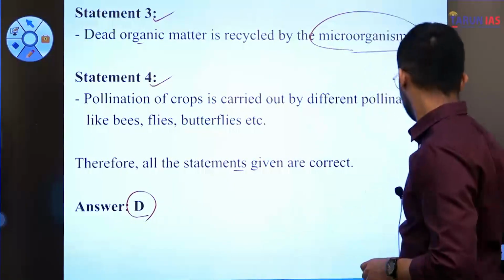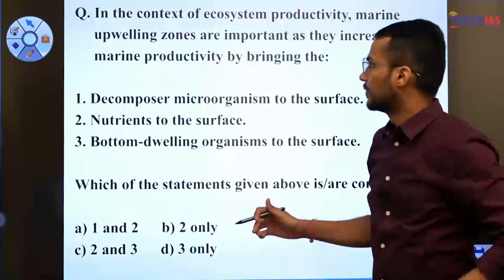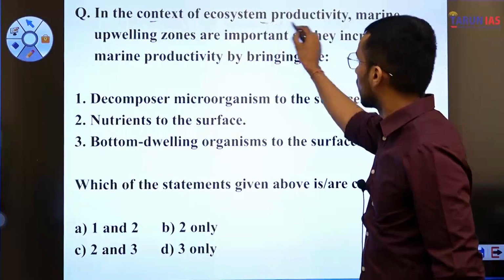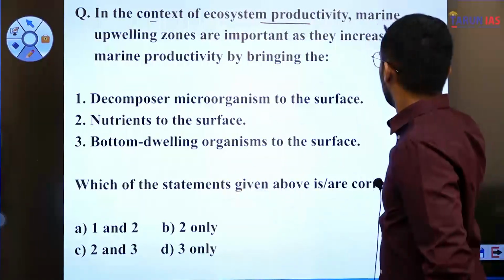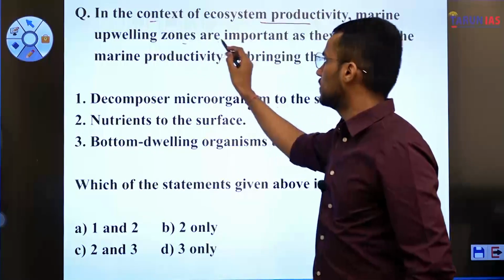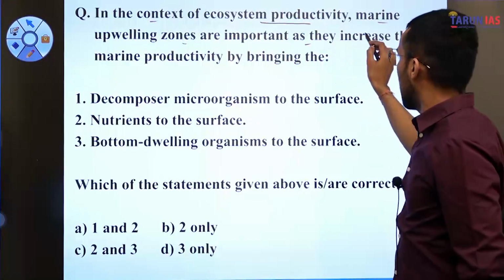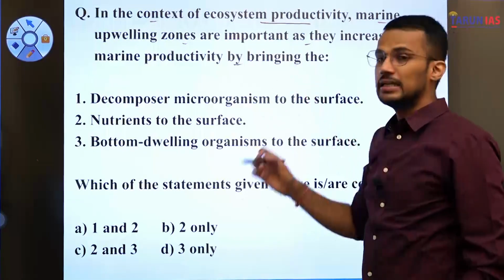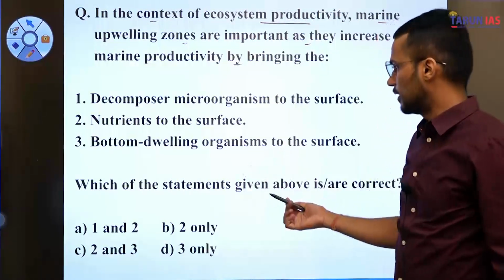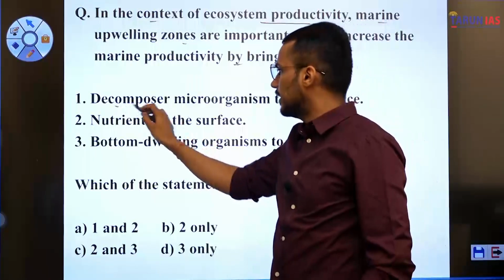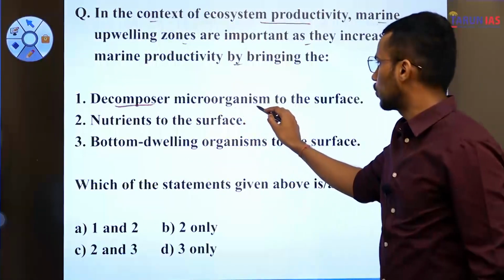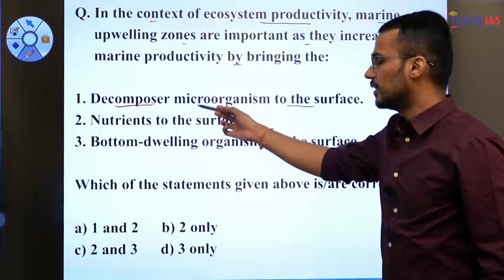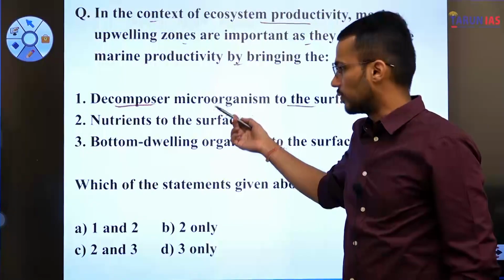Next question is, in the context of ecosystem productivity, marine upwelling zones are important as they increase the marine productivity by bringing the following. The statements are: first, by bringing decomposer microorganisms to the surface.